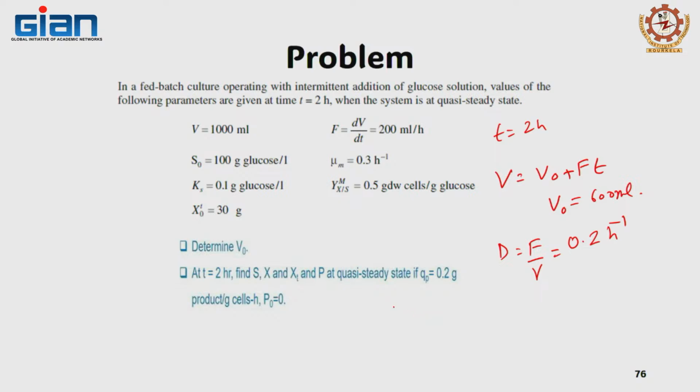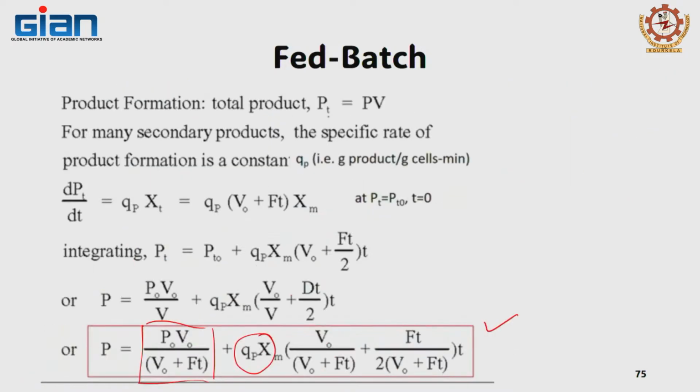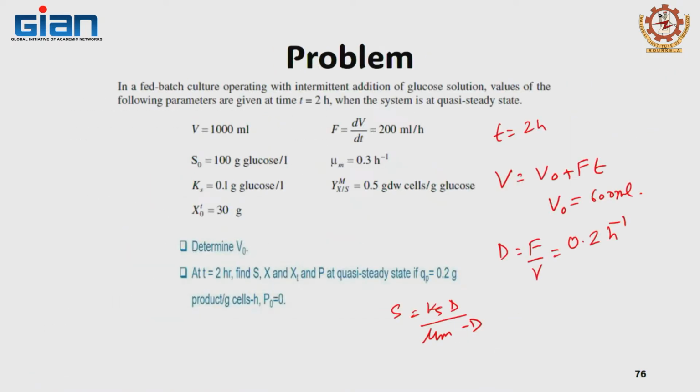Now, for your second part, your S is Ks D by mu m minus D. Where am I getting this equation from? S is given as how much?